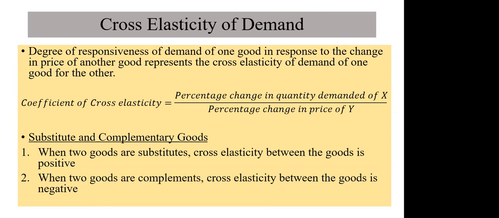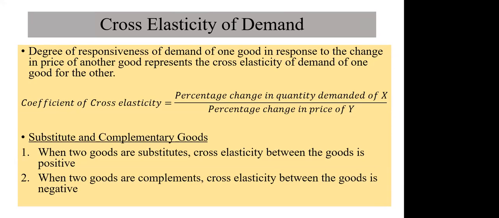Now here I have given the example. If two goods are substitutes, then the cross elasticity between these two goods will be positive. How so? Suppose there are coffee and tea. If the price of coffee increases, the demand for tea will also increase. Why?